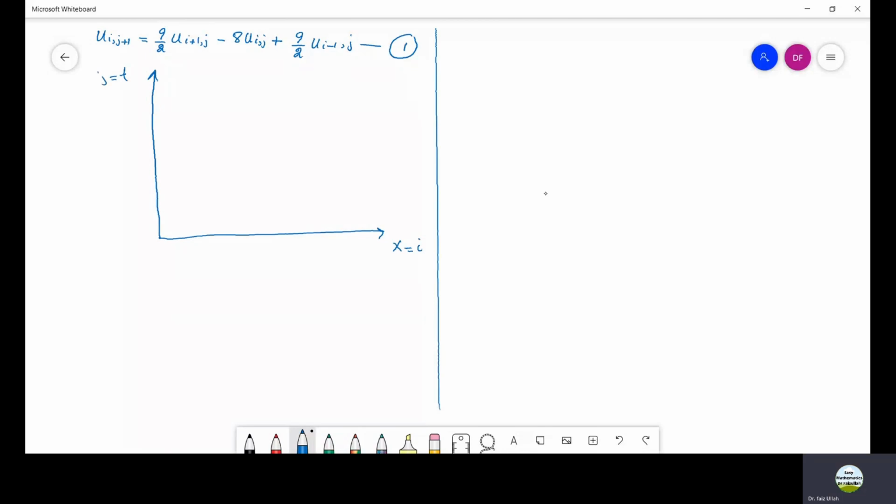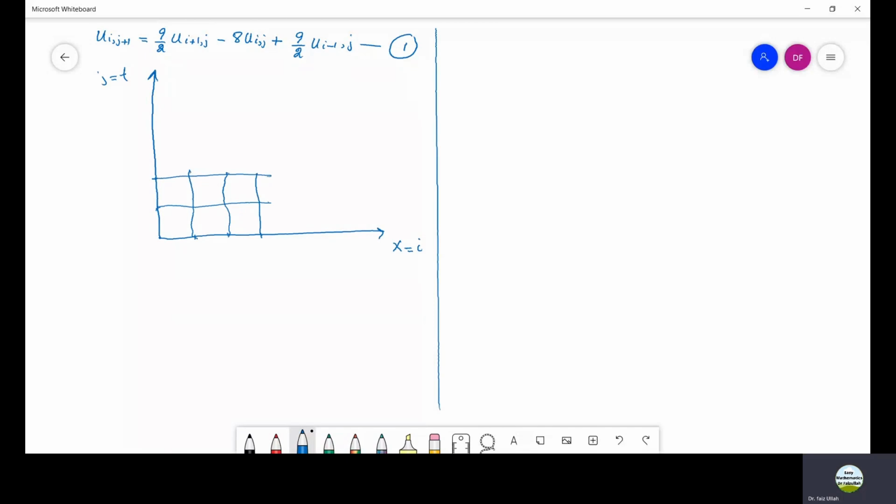So this is i is equal to 0, i is equal to 1, i is equal to 2, and i is equal to 3. And here we have j is equal to 0, j is equal to 1, and j is equal to 2. So from these, we draw these lines.